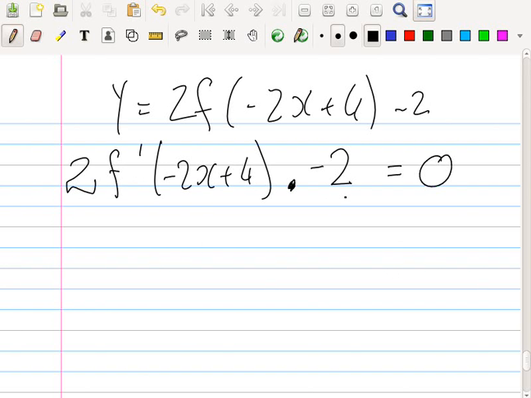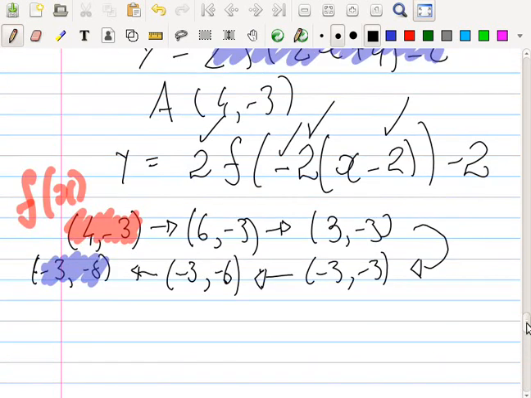So 2 times minus 2? Minus 4, yeah? But you don't care about that because you can cancel that because of the 0. So you want this to equal 0. Well, you already know from the previous part, what number here do you need to make this equal to 0? What do you need?